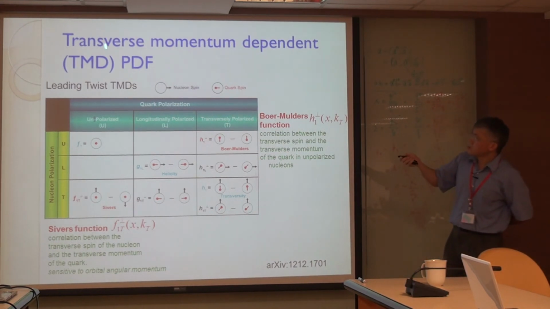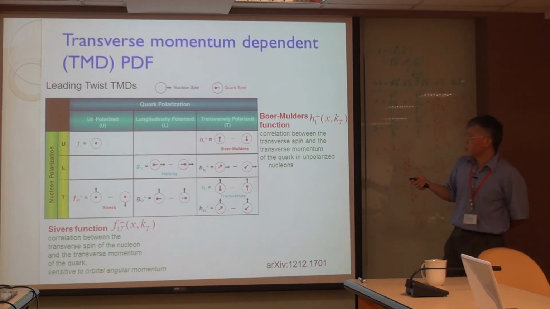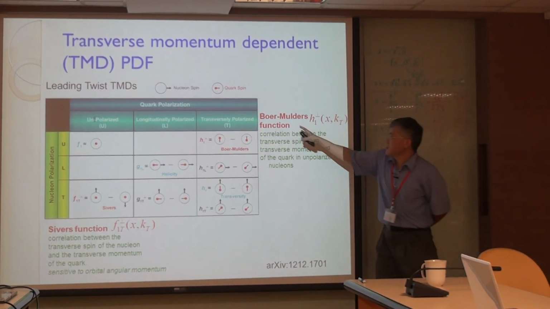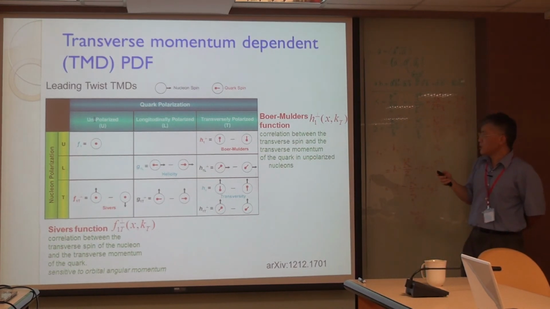So in terms of the leading twist TMD, you have this choice of it. And specifically, what I would like to discuss is the Boer-Mulders function, which, as you see, is named after Professor Mulders. This is actually the correlation between the transverse momentum of the parton and its own spin.